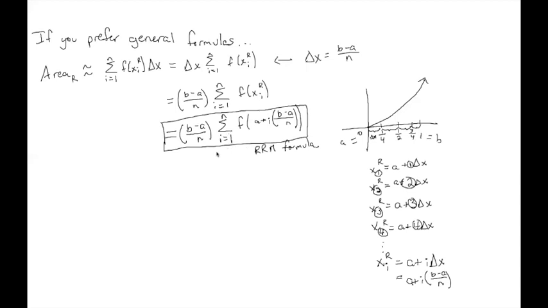Okay, and now it's even different when I use left estimates. So the area using left estimates can be approximated similarly, except there's a very, very, very subtle difference, and it's frustratingly subtle.